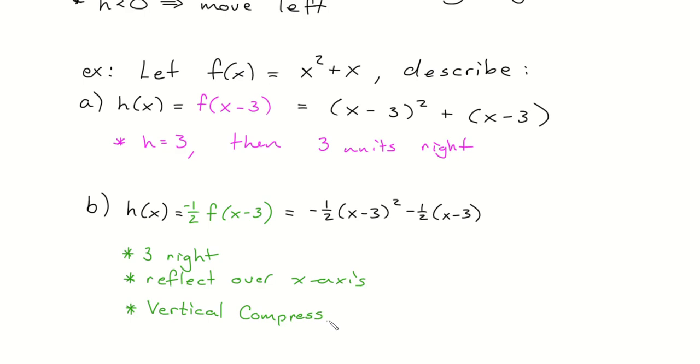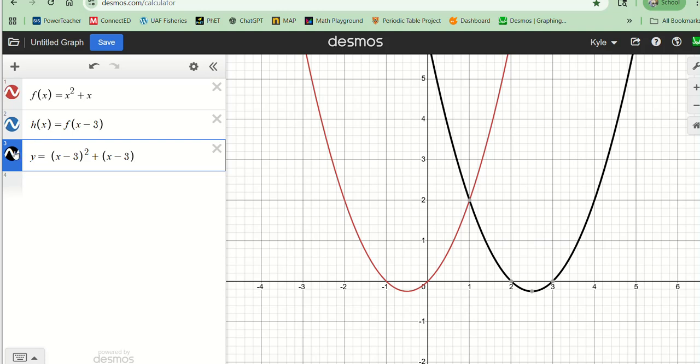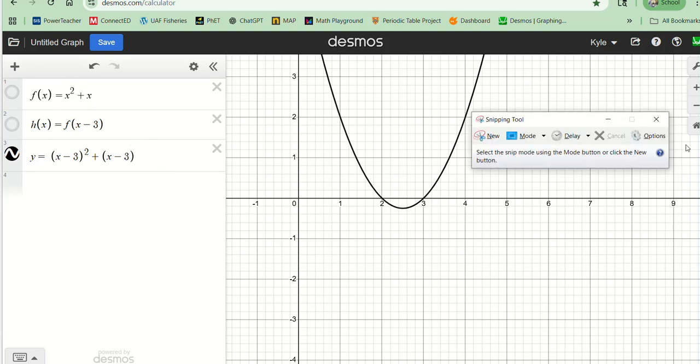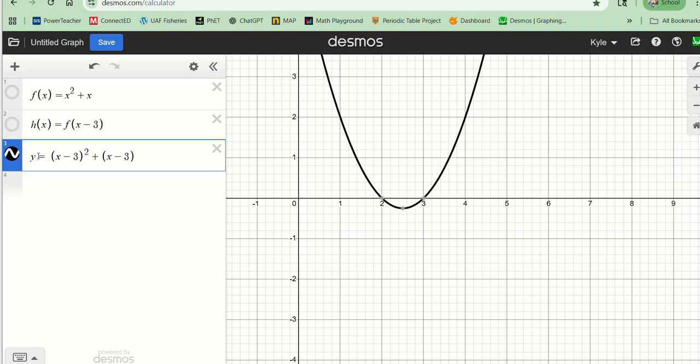Okay, now here's my challenge. I haven't put this one in here yet. I'm just going to copy this one. We can see this is what it looks like. But if I wanted to reflect this, can we? If I just put brackets around everything, what's our number?